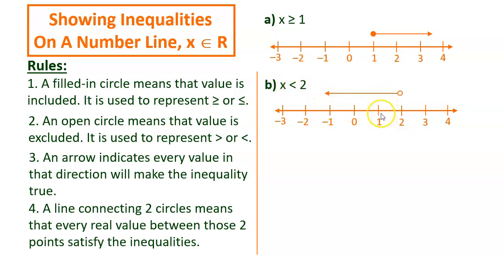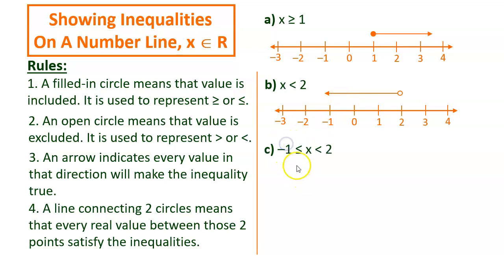It may be 1, 0, minus 2, all points on the number line lying to the left of 2 have a value less than 2. So, the arrow is pointing towards the left.